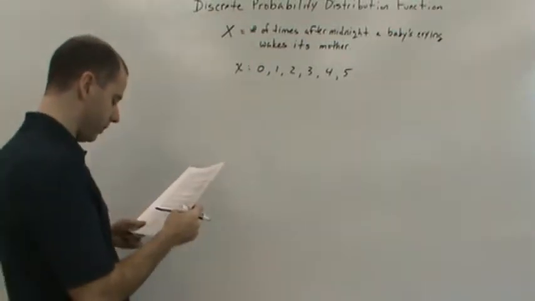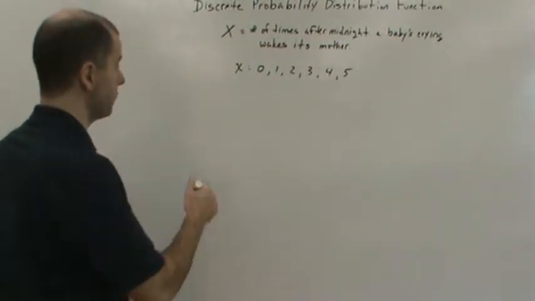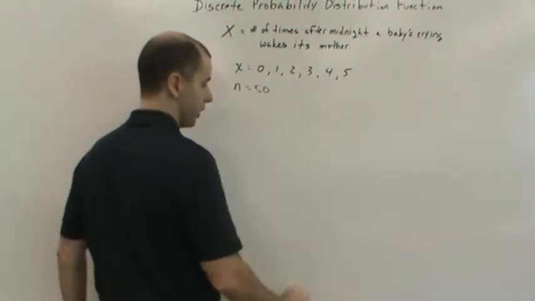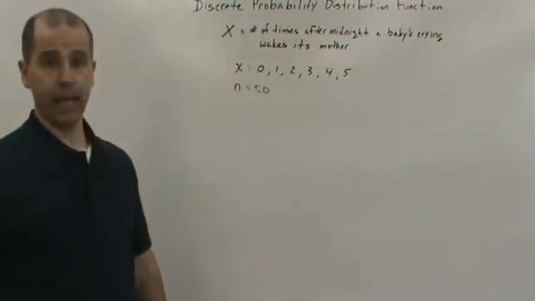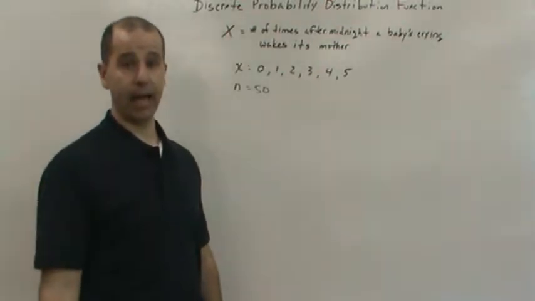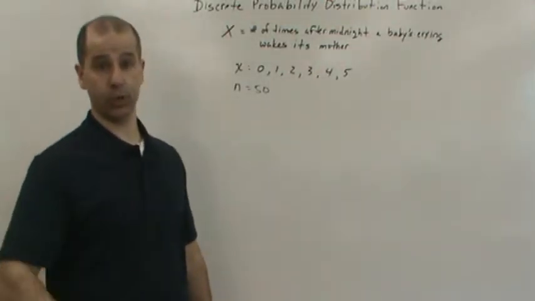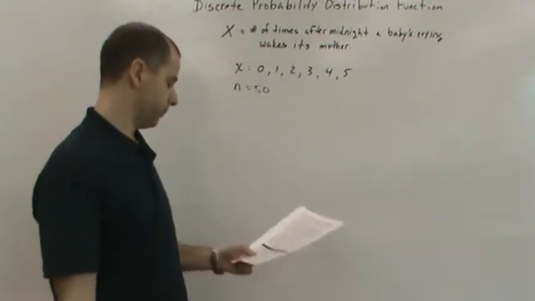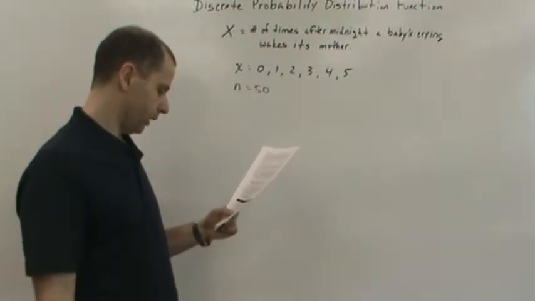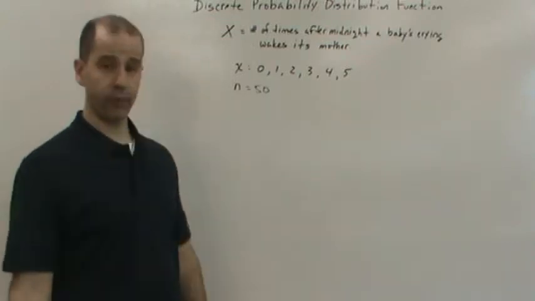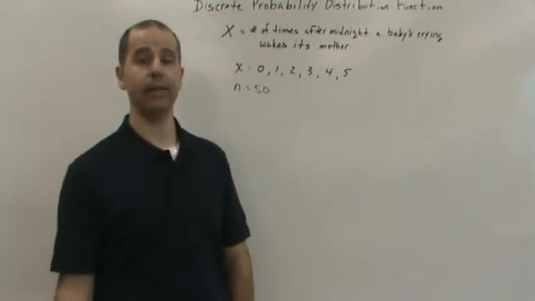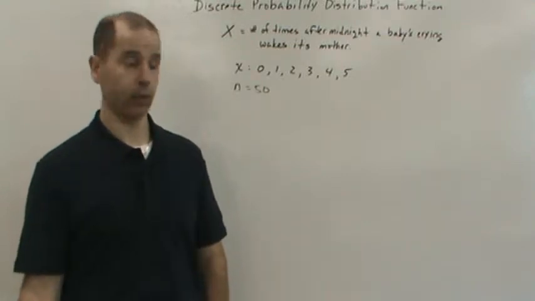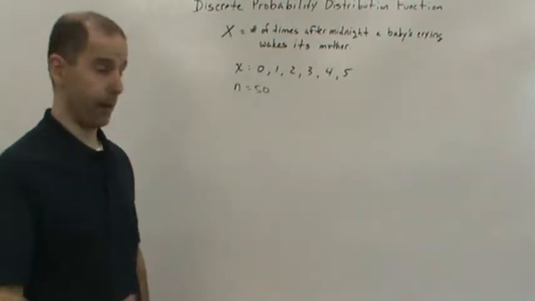So here is the random sample of 50 mothers. So n is 50. They took a sample of 50 mothers and had them keep track of how many times per week, for the next week, they were woken up after midnight by their babies crying. And so here's what they came up with.